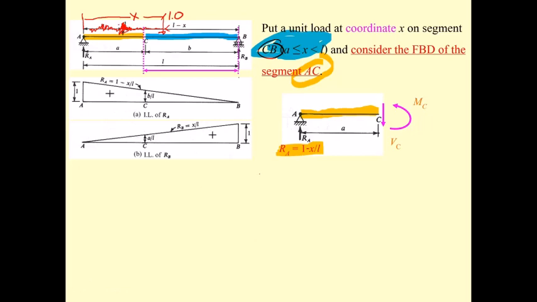When we do the summation of F sub y equal to 0, you get V sub C, downward is positive, V sub C minus R sub A equal to 0.